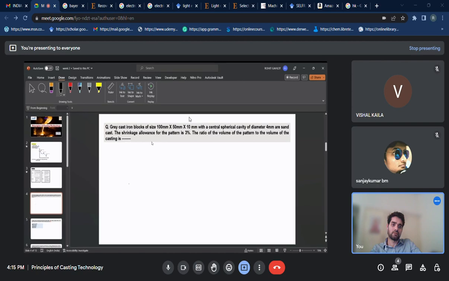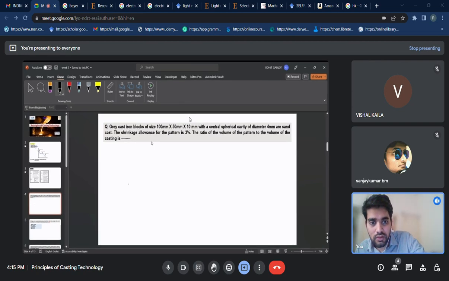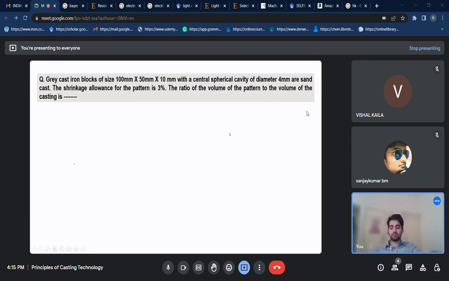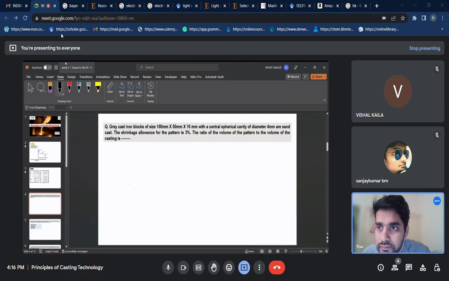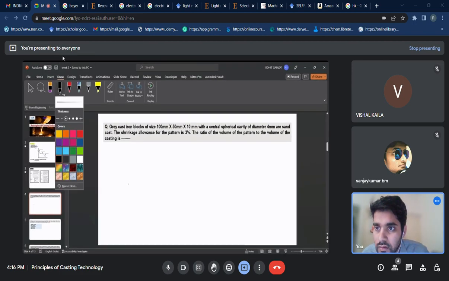The question is: a grey cast iron block of size 100 mm by 50 mm by 10 mm with a central spherical cavity of diameter 4 mm is sand casted. The shrinkage allowance for the pattern is 3%. The ratio of the volume of the pattern to the volume of the casting is required. This will clear your basics.